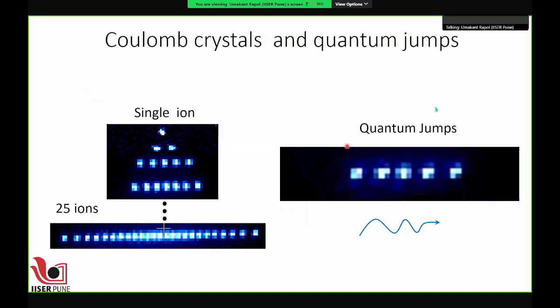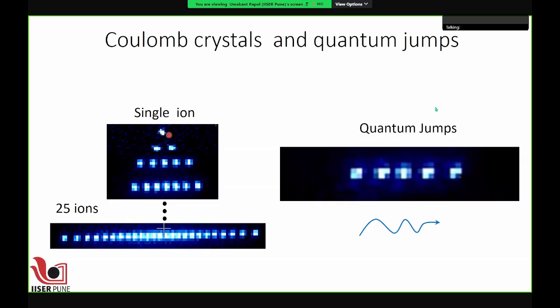Now, when you have these ions in the trap and you do laser cooling, you basically go down to the ground state of the trap, and the extent of the wave function of a single ion is very tiny, of the order of several nanometers. They are basically localized point source light emitters inside the trap.